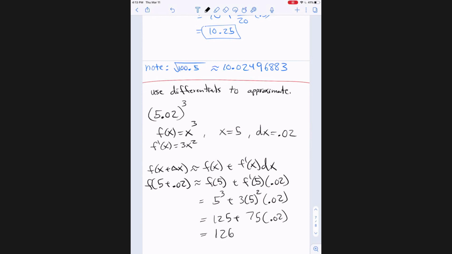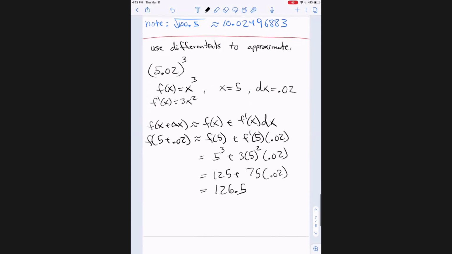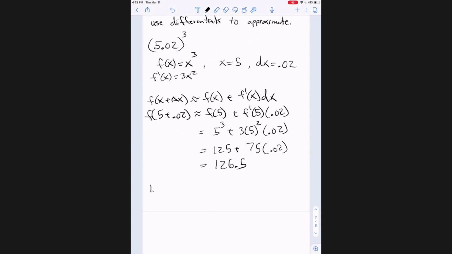How many of you got 126.5? All right, very nice. And then, of course, you can go 5.02 to the third power on your calculator to see what the exact answer is. 126.506008.